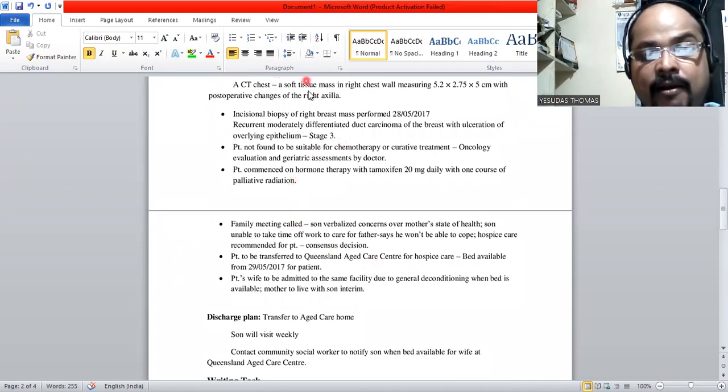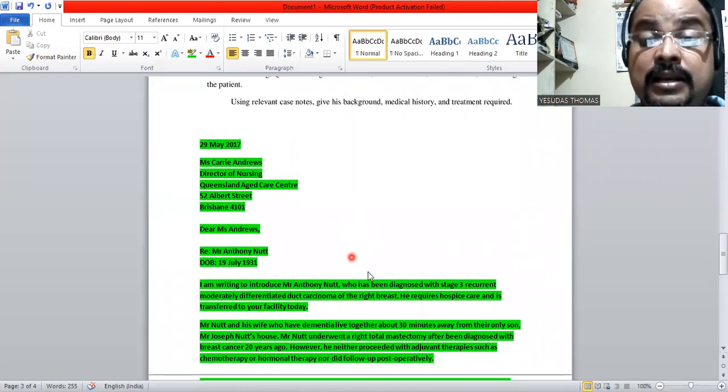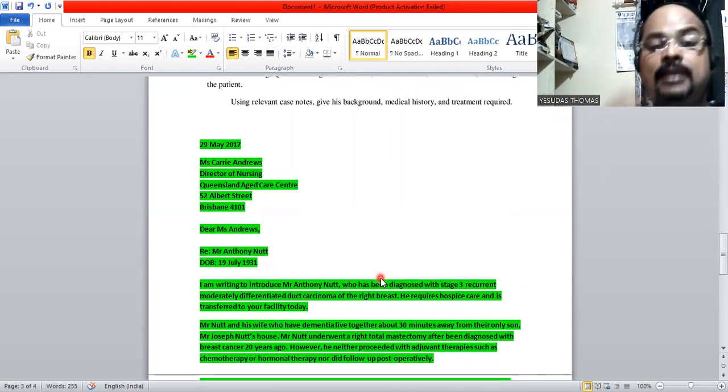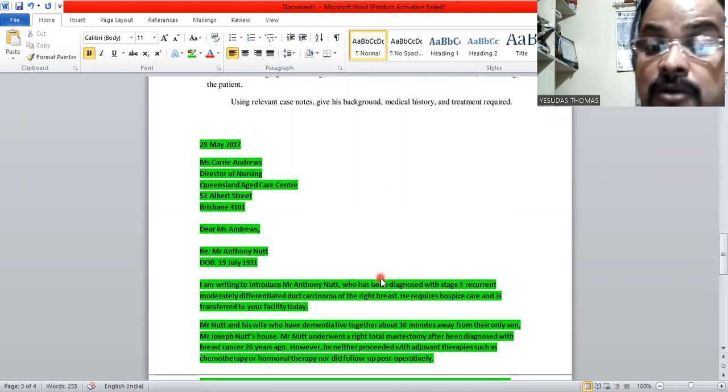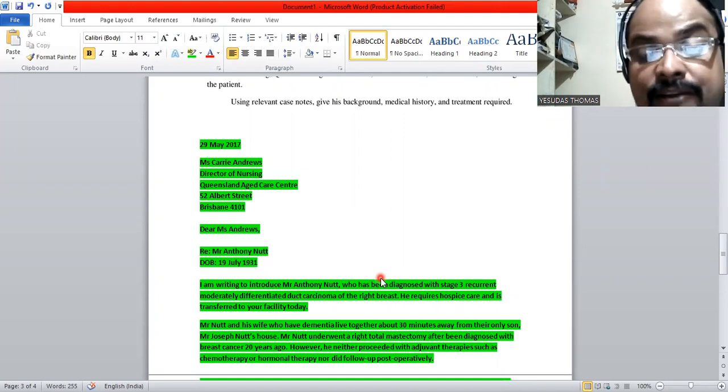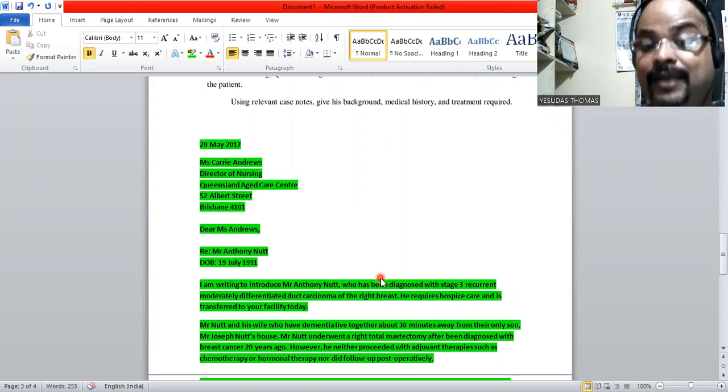We have written that as it is in the introduction paragraph. That's the purpose paragraph. He requires hospice care and is transferred to your facility today.